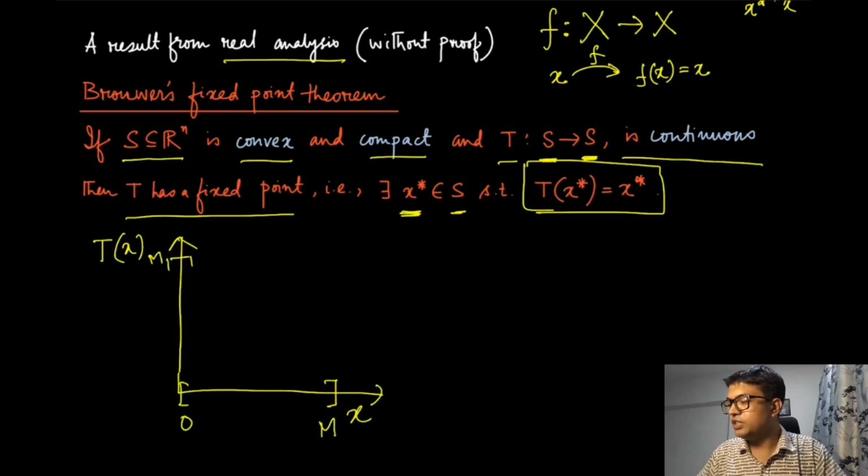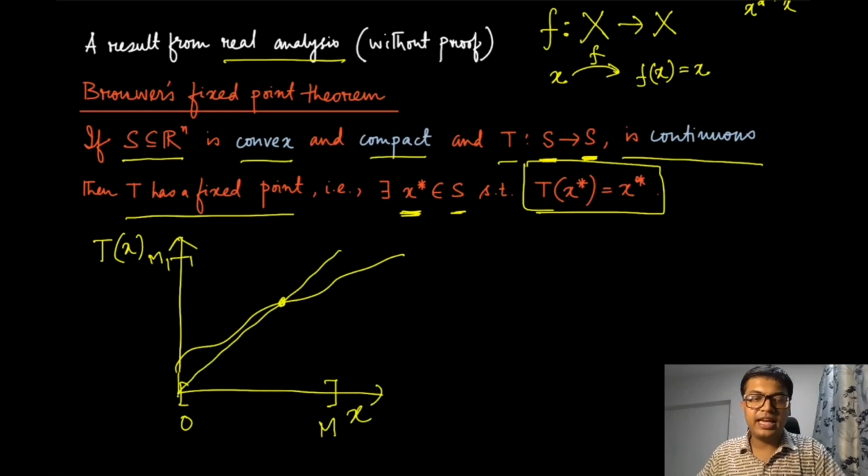Now this function looks something like this, maybe like this, and this result is saying that you can always find some point which passes through the y equal to x line. You can clearly see that this is going to be possible, because this is a function.